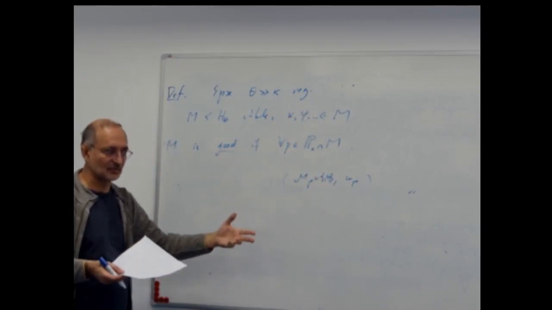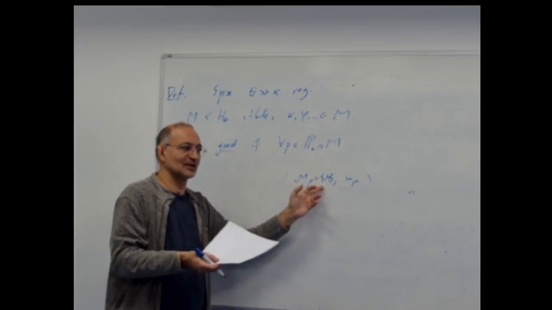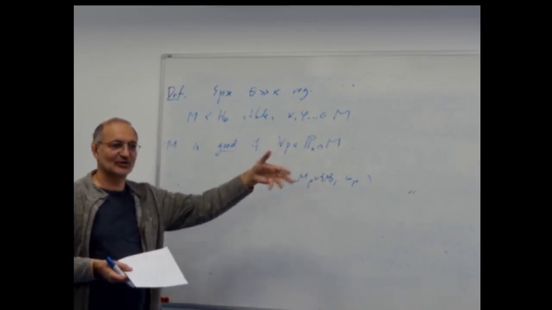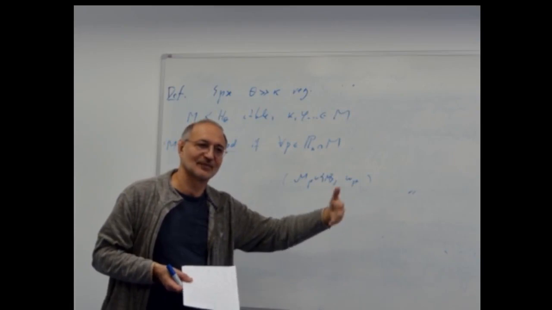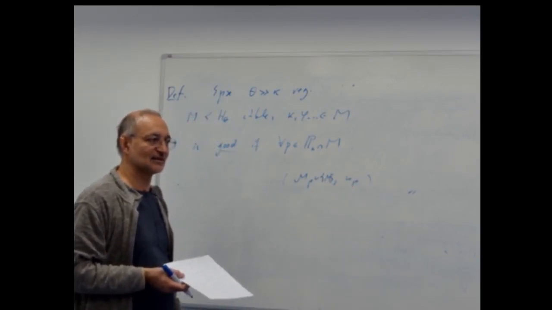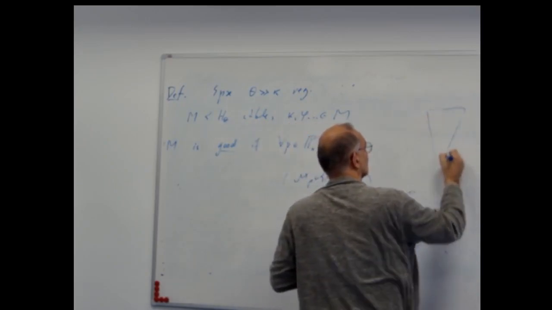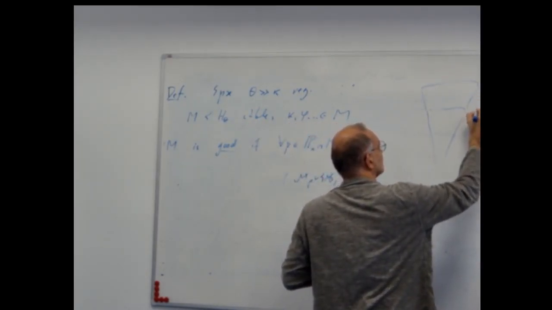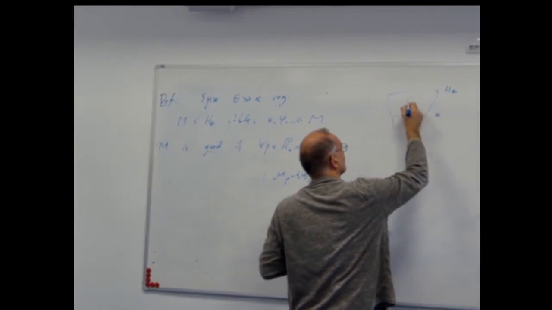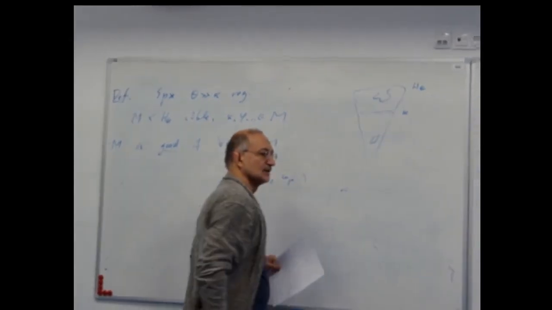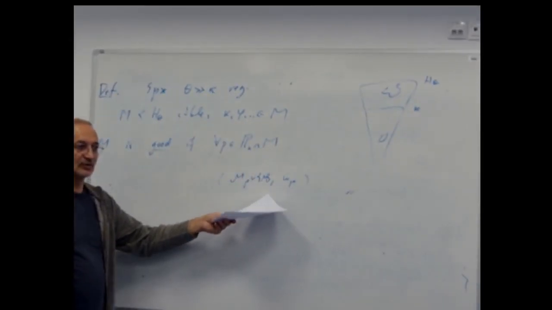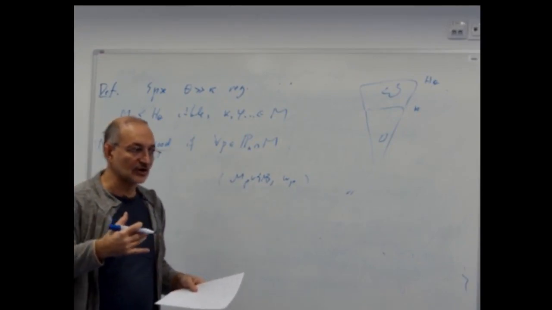Now, there are several problems. One problem is that N is not a legitimate lambda model for any lambda less than kappa, because it's an elementary submodel of some H theta which is bigger. So this is kappa, this is H theta, and you have this N. So you're not really going to put N, but you're going to put N projected to some lambda.